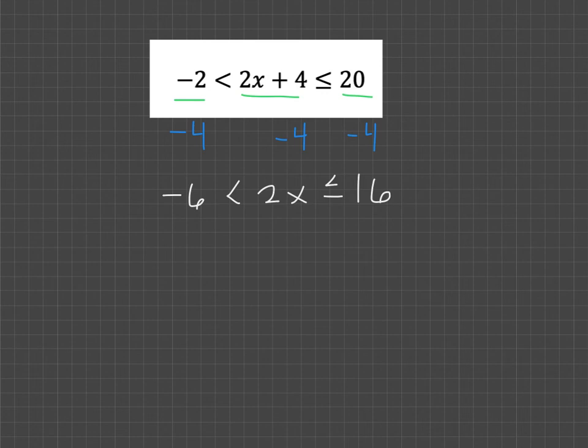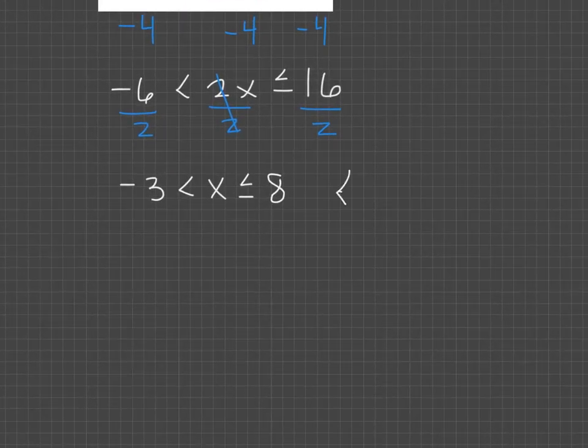And now we want to divide by 2 to get that x by itself. So as long as we do that to the other 2 parts, that 2 will cancel. Negative 6 divided by 2 is a negative 3 less than x less than or equal to 16 divided by 2, which is 8.